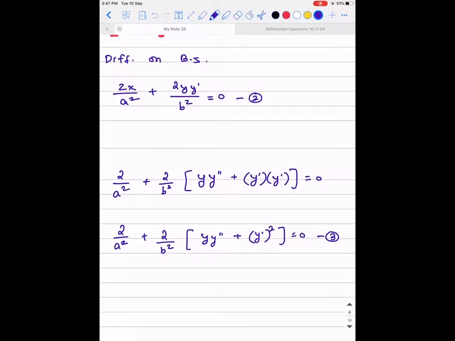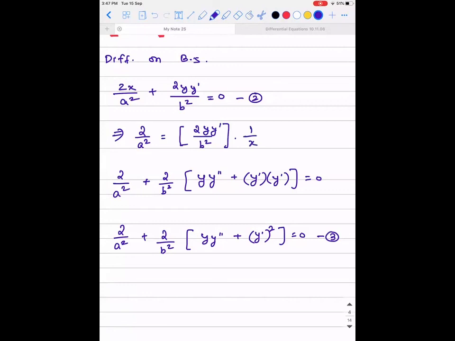So from 2, can I write it like this? 2 divided by a square will be equal to minus 2 into y dash divided by b square into 1 by x. Did you understand what I did?